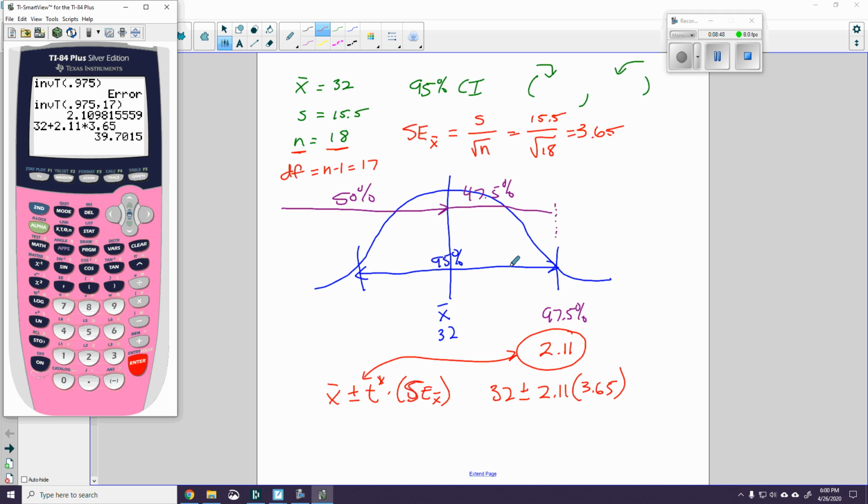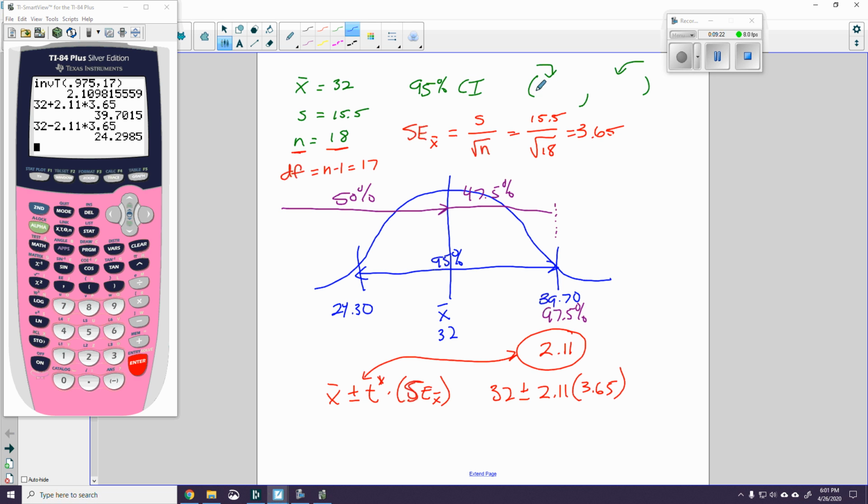And I hit enter, and I find out that this number over here is, let's call this, 39.70. And if I go back up and make it a minus, and I hit enter, I get this number over here, 24.30.